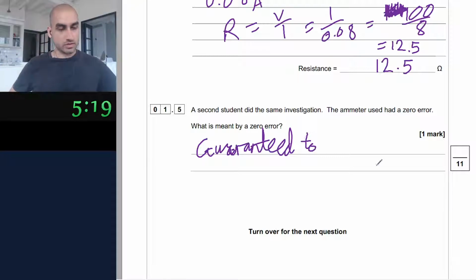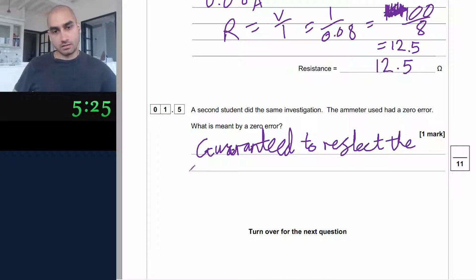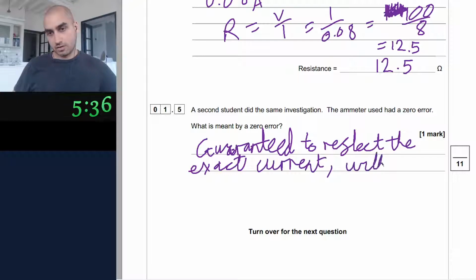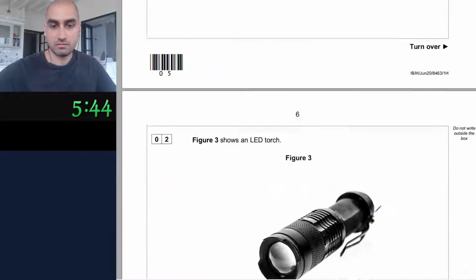Zero error to reflect the exact current without tolerance. Actually, I don't know exactly what they mean by zero error here.